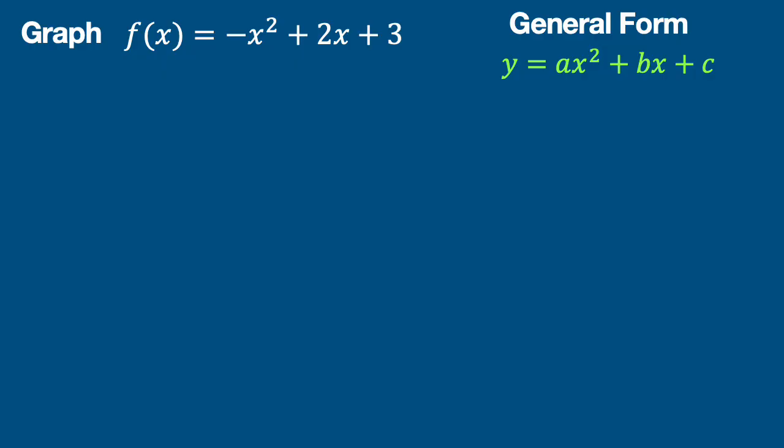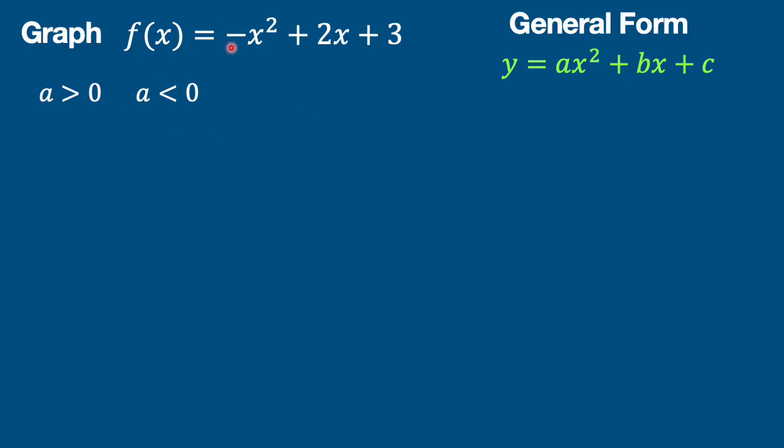Previous slides, we find the vertex when general form is given, guys. Here is the general form. General form is y equals ax squared plus bx plus c. We have function f of x equals negative x squared plus 2x plus 3. So first, let's decide the leading coefficient.